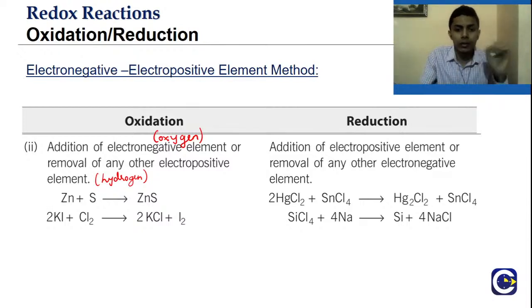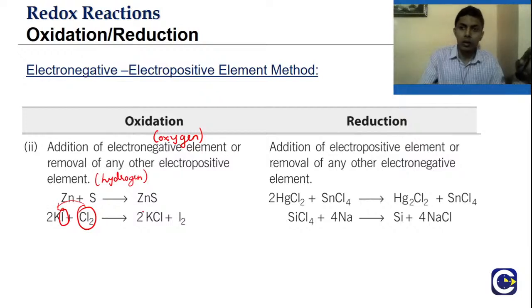Chlorine is electronegative, if it gets added, same. Here you can see iodine is getting replaced with chlorine. Compared to iodine and chlorine, chlorine will have more affinity, so it will replace iodine. That means more electronegative element is getting attached, so again this happens to be oxidation.